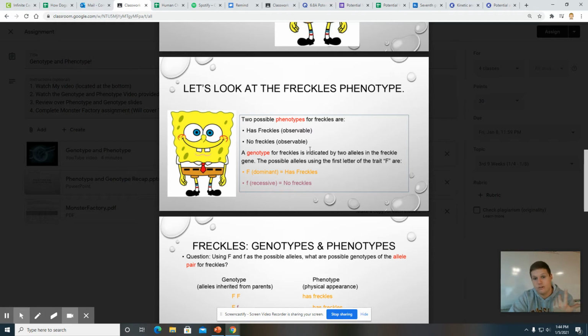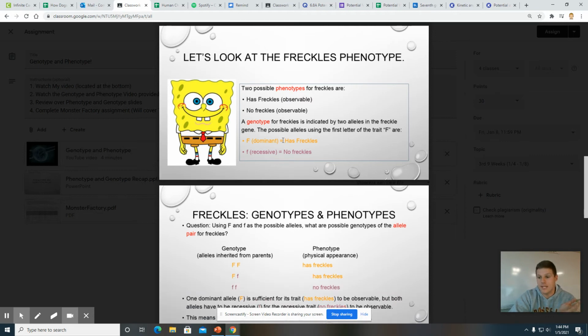Now, a genotype for freckles is indicated by the 2 alleles or possibilities in the freckle gene. The possible alleles, using the first letter of the trait, F, just the letter we chose to represent it, are capital F, dominant, which means you will have freckles, or lowercase f, recessive, meaning you don't have freckles.